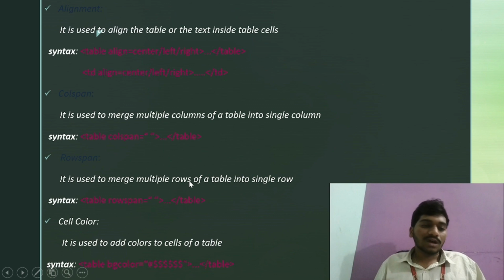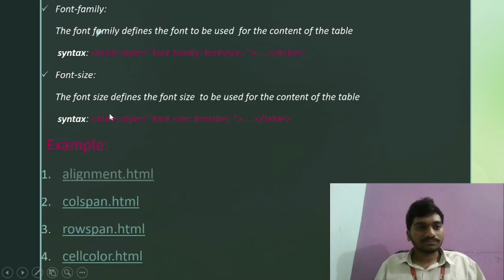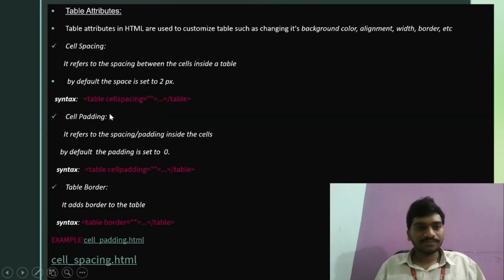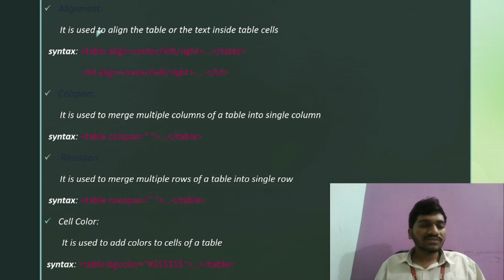The syntax of rowspan is table rowspan, and you can merge multiple rows as you require, one or two or three. It depends upon the user.